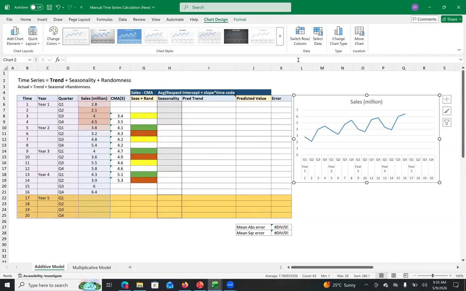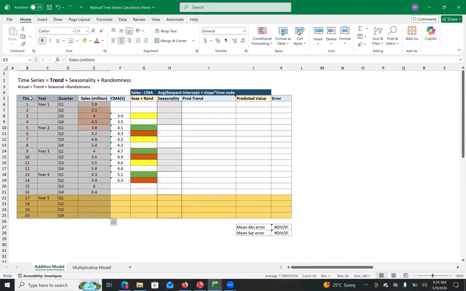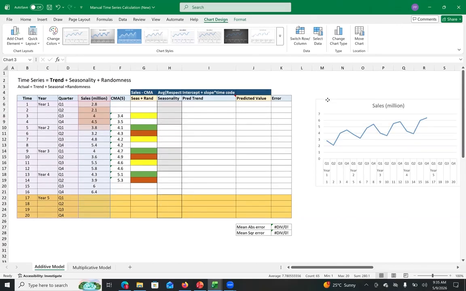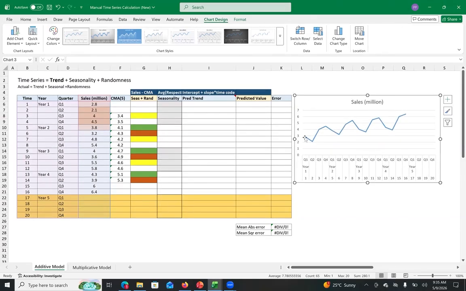Now, what I was saying is that if you plot this time series, let me show you again. I just selected this data and went to insert. If you look at this time series, it has a trend component because it is increasing over a period of time.